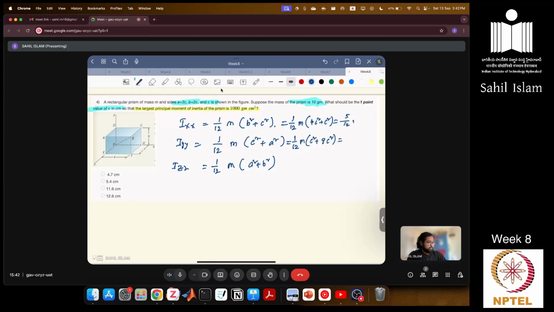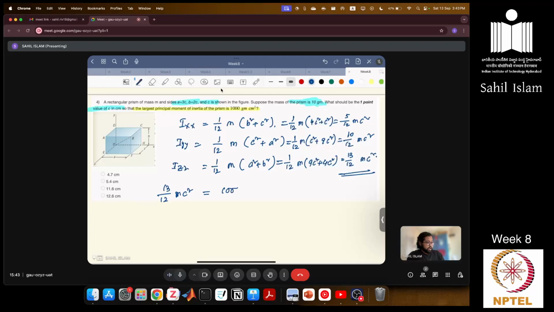Iyy is 1 by 12 M times c square plus 9c square, so 10 by 12 Mc square. And Izz is 9c square plus 4c square, so 13 by 12 Mc square, which is the largest.